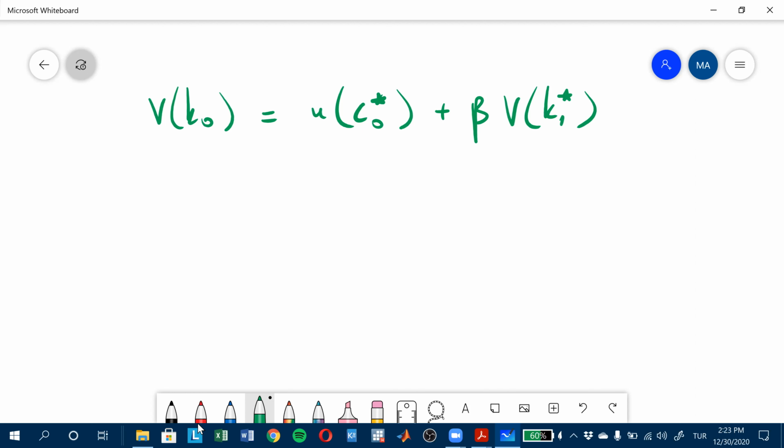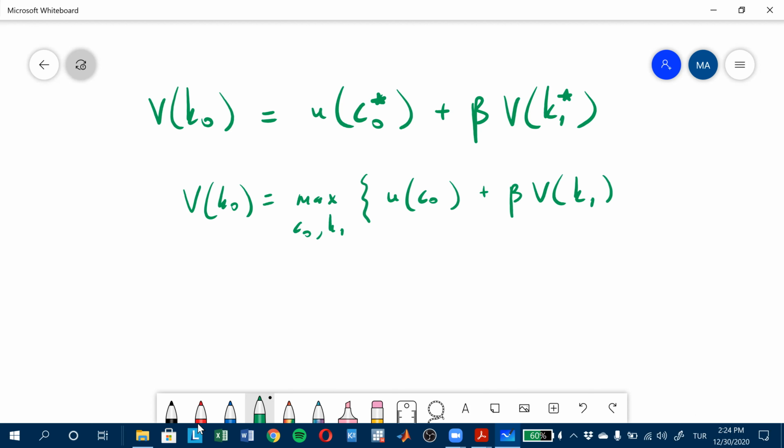The second step involves this: instead of writing this in the maximized form, I can write this as a maximization problem. And then, since the problem can start from anywhere, I can write this in this way.